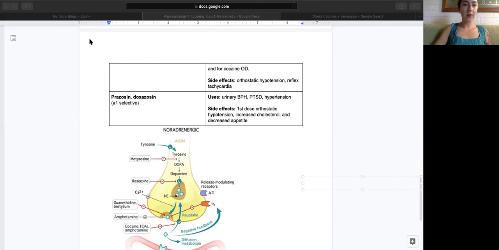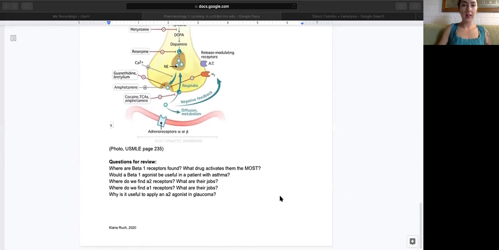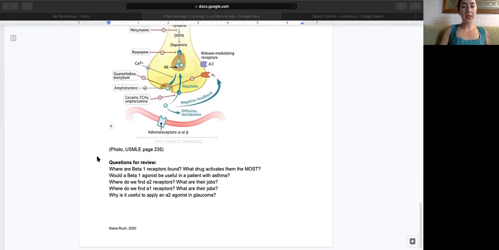Okay, I have a few little review questions for you guys. Questions for review. Where are beta-1 receptors found? What drug activates them the most? Do we remember the mnemonic for beta-1 receptors? One heart.